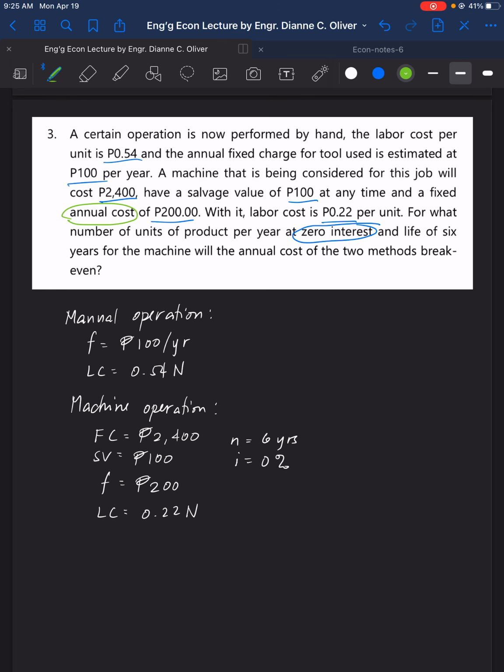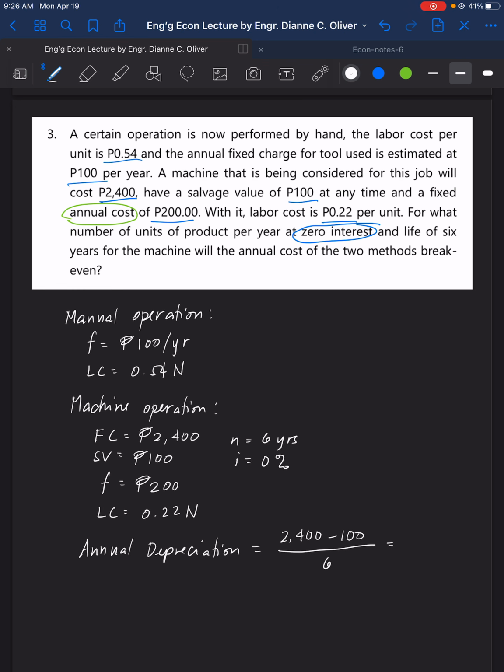So for the annual depreciation of the machine, let's compute it first. With 0 interest, so we have there the first cost of 2,400 minus the salvage value of 100 divided by the number of years.